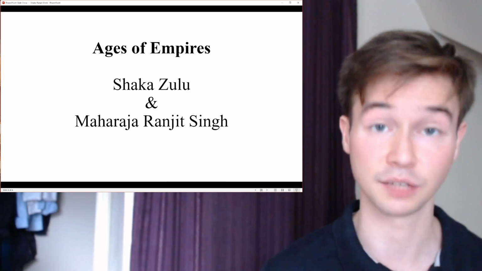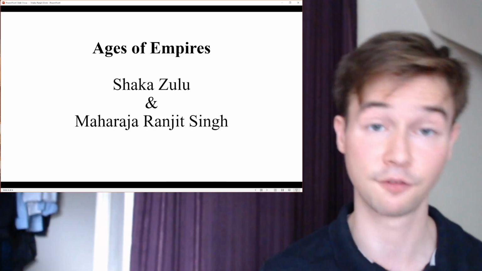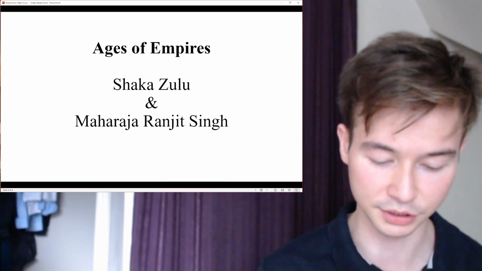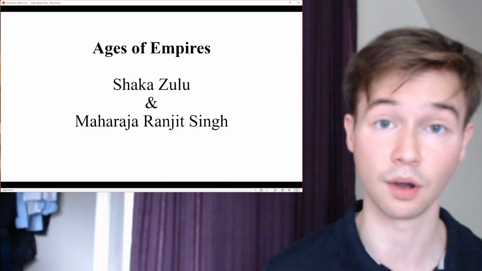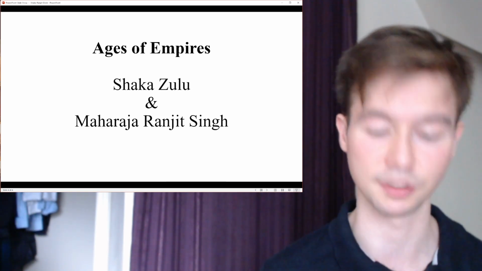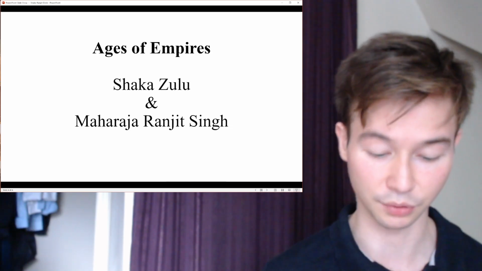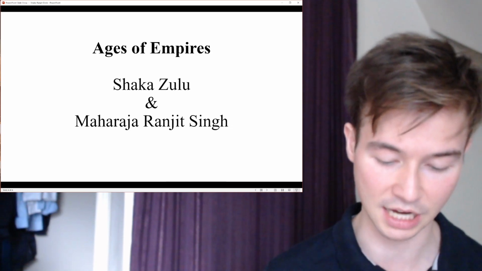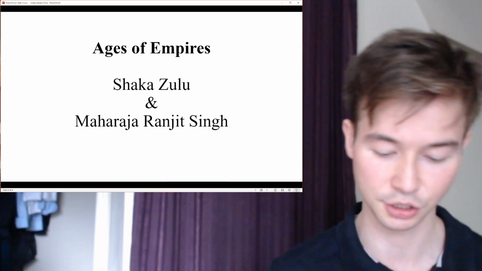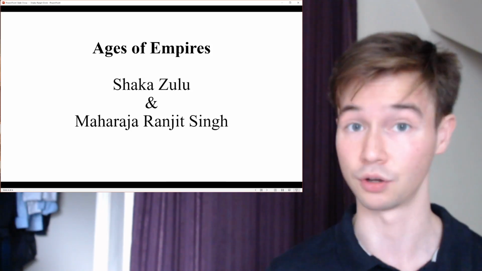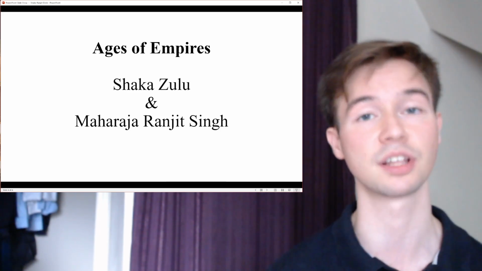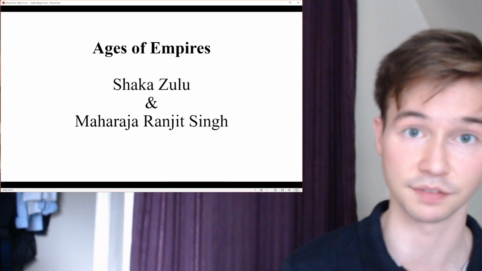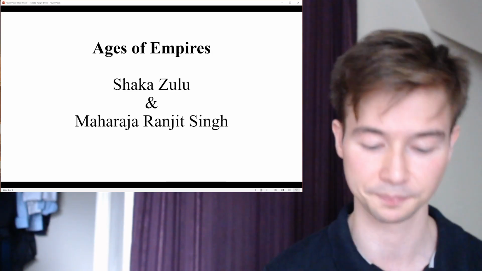Furthermore, he ruled with a centralized authority, often using force to maintain order and loyalty, whereas Ranjit Singh established a more formal administrative system with a bureaucracy including officials responsible for various aspects of governance such as finance, justice, and military affairs, and also meritocratic, not just taking, for example, the 10% or even 9% of the population that was Sikh, but taking advantage of the 80% that was Muslim, for example.